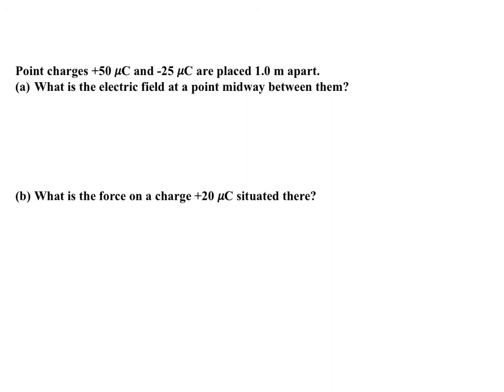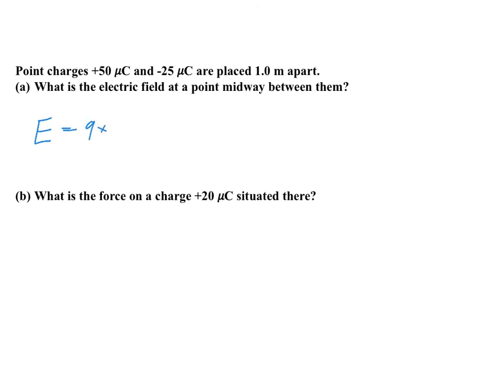All right, point charges. One's a 50 microcoulomb, one's a minus 25 microcoulomb. They're 1 meter apart. What's the electric field at the midpoint between them? Okay, so the electric field.